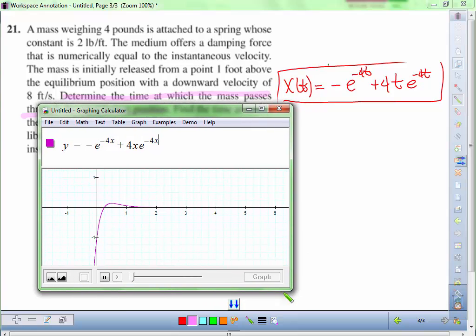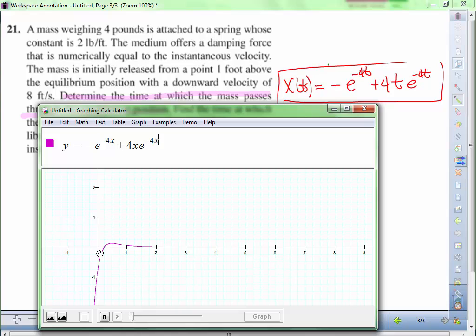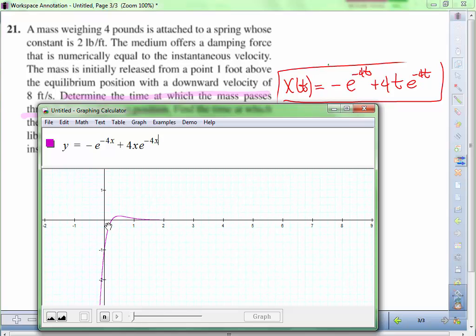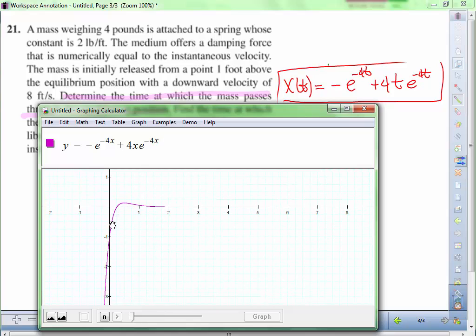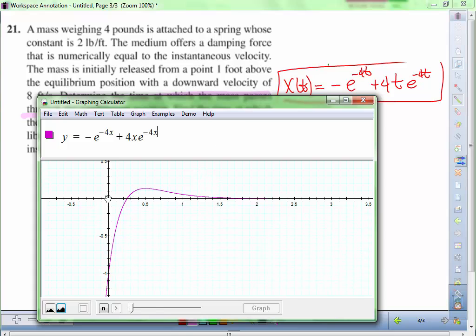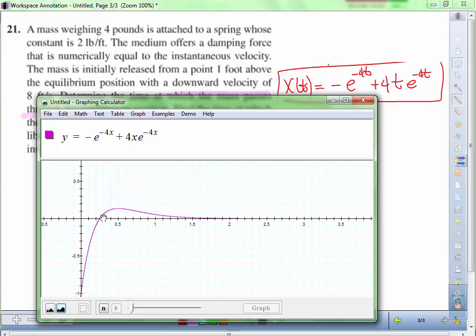So this is our graph. It goes up a little bit and comes back down. So we can find where the points intersect the x-axis and all that other stuff that they're asking, by tracing, and again, your handheld graphing calculator should be able to help you find zeros and maximums as well.